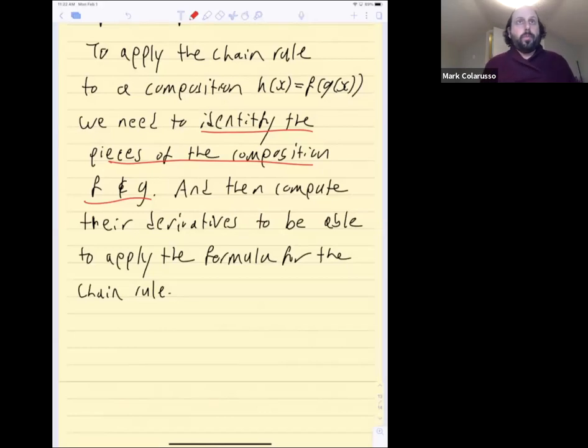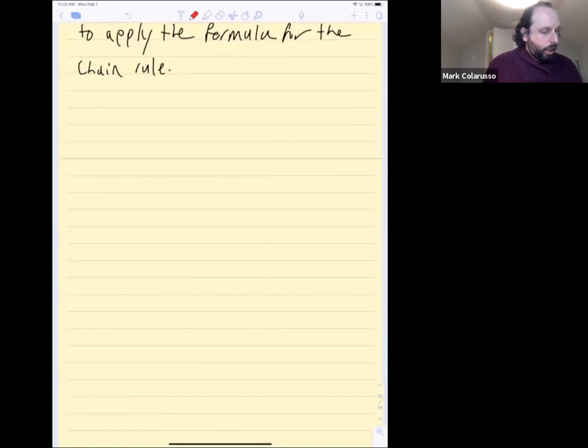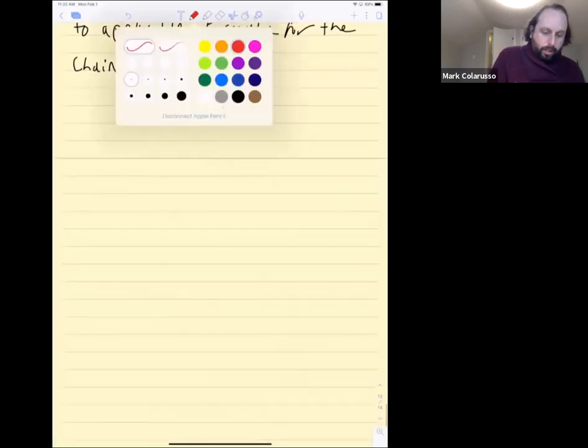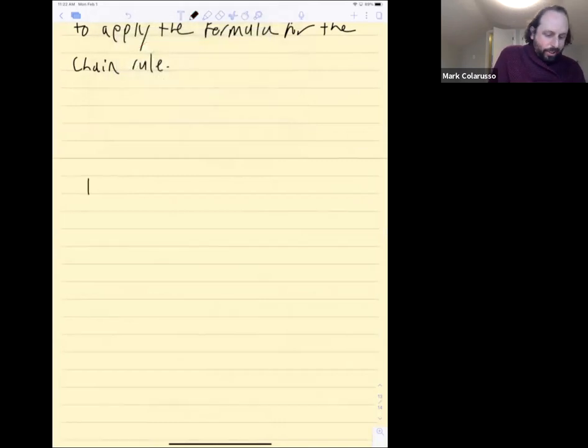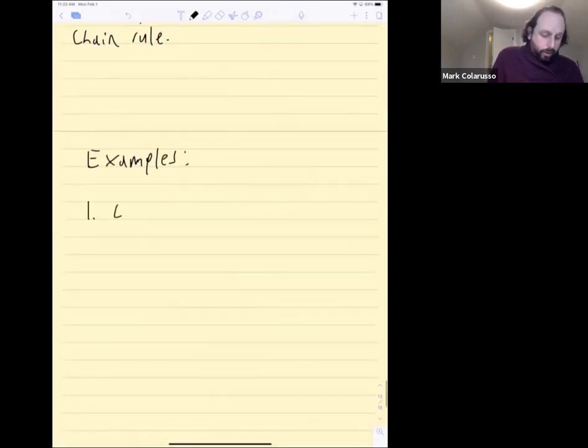All right, so let's do some examples. The first example, they actually make it very easy for us because they give us the pieces. So this is a very gentle example. We're told let f at x equal 1 over x, and g at x equal 1 minus x squared.